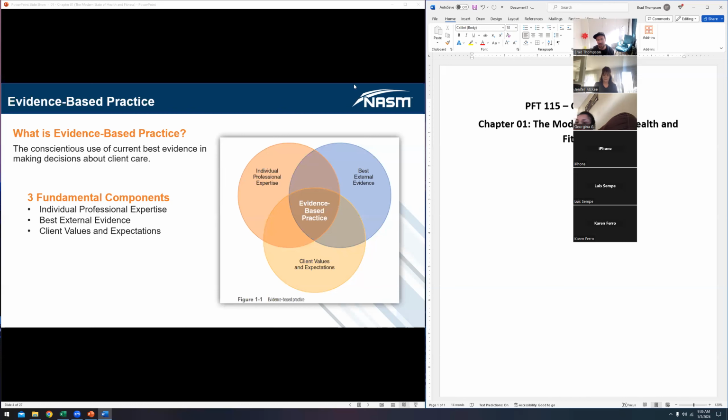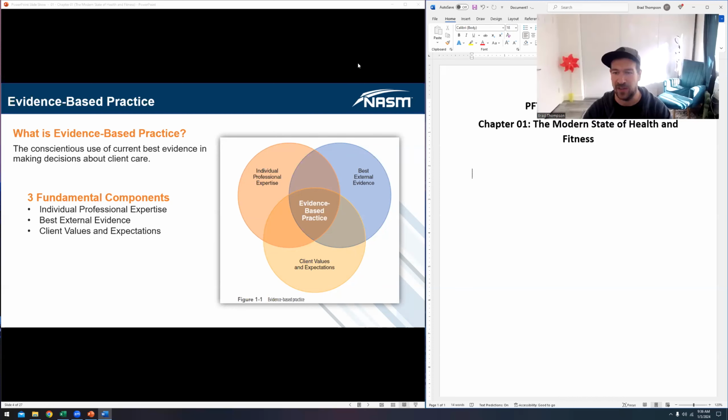But what is evidence-based practice? What do I mean when I say that? Well, let's get that definition up here because we're going to open up with that today. Evidence-based, should be hyphenated, practice. It is the conscientious, which is my New Year's resolution, to remember how to spell this word, use of current best evidence in making decisions about client care.